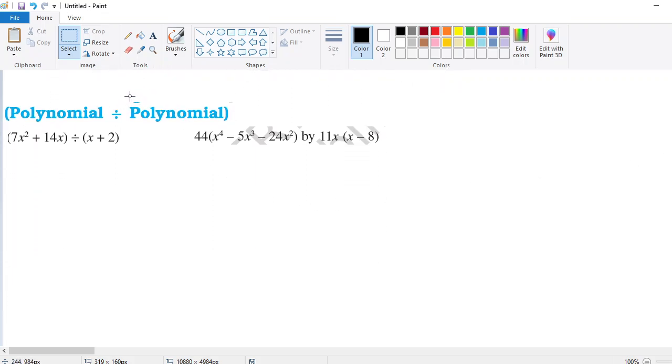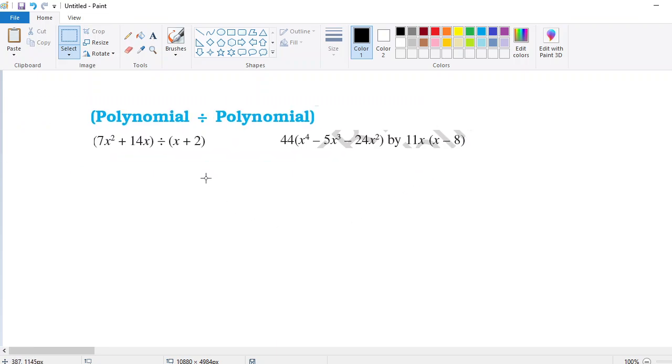Polynomial by polynomial. For this division, your divisor will have more than one term. It will not be a monomial. 7x square plus 14x upon x plus 2.